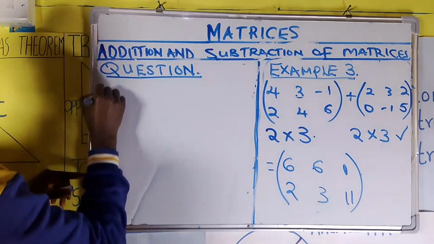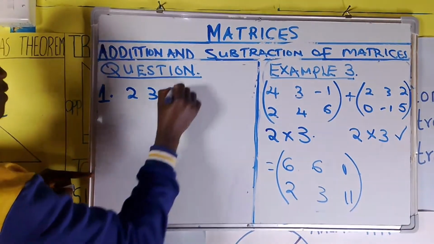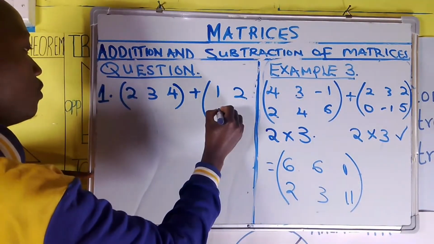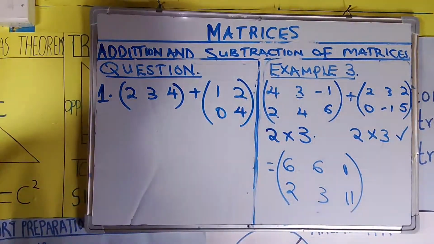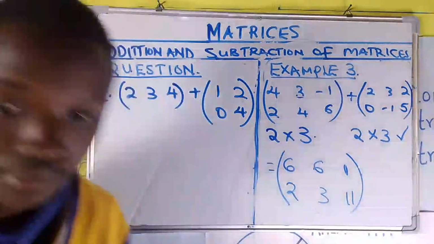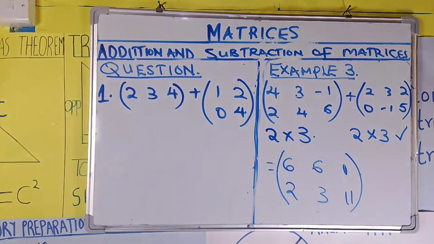Solve this question here. 2, 3, 4 plus 1, 2, 0, 4. Solve that question and give me the answer. Just type the answer in the comment section.